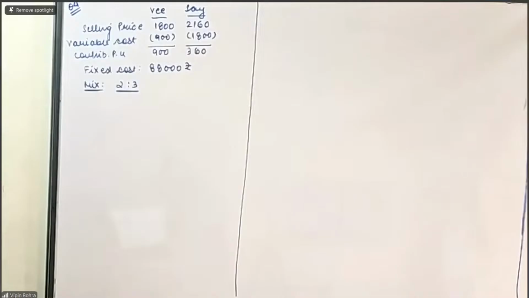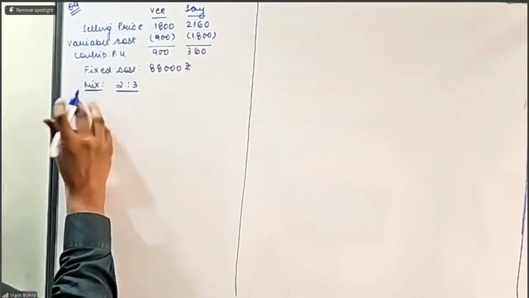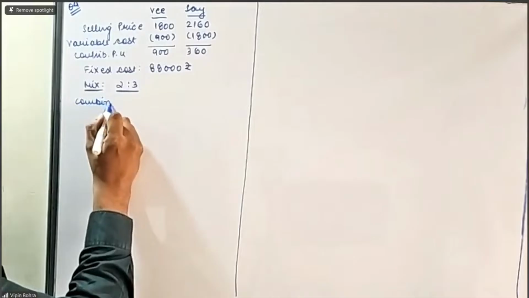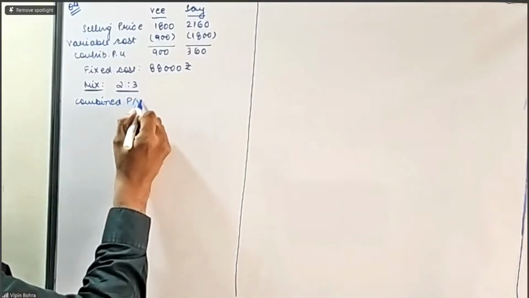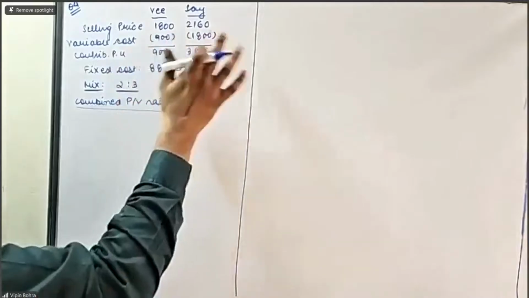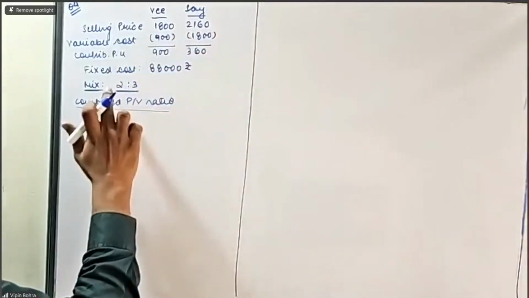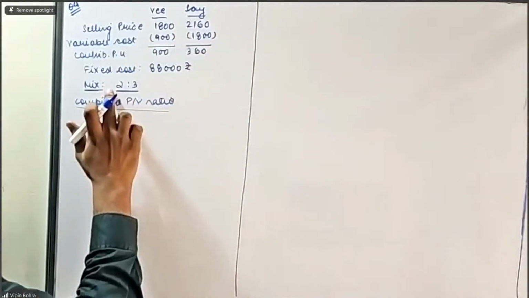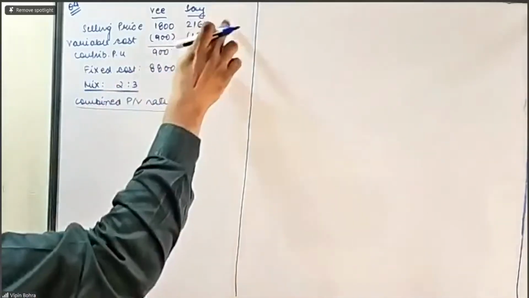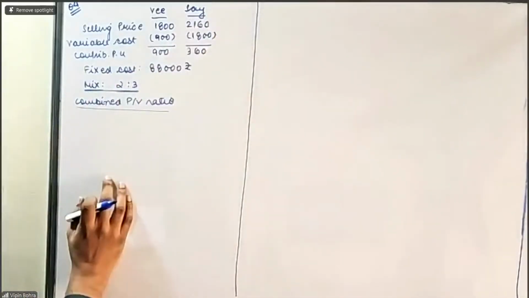Let's start with the first mix, that is 2:3. We have to calculate the combined PV ratio. The weightage is given, that is the ratio 2:3, and the price is given. So we will calculate the combined PV ratio.